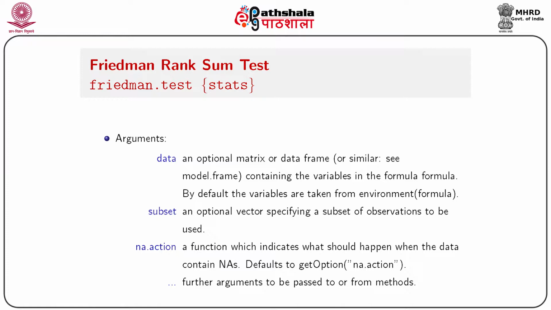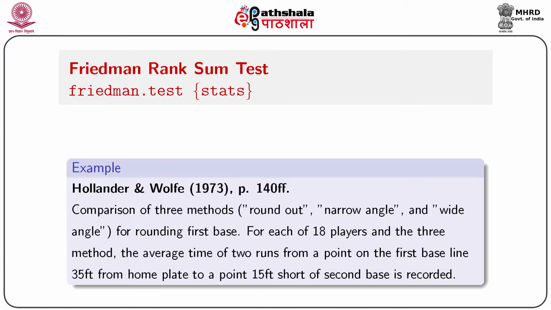Then na.action is for the missing values. If the data contain missing values, na.action will help you to exclude all the missing values from the data before applying the Friedman test.